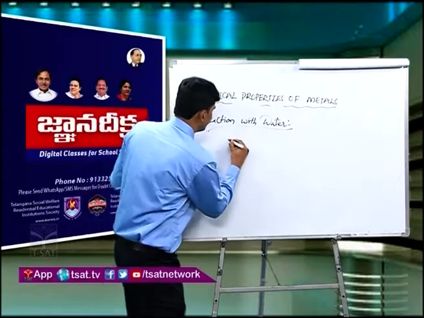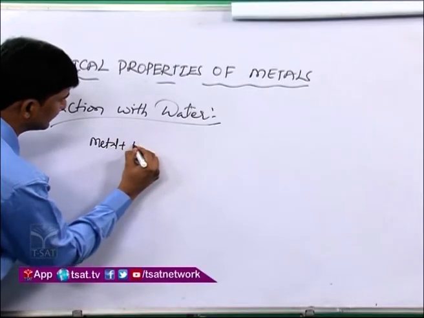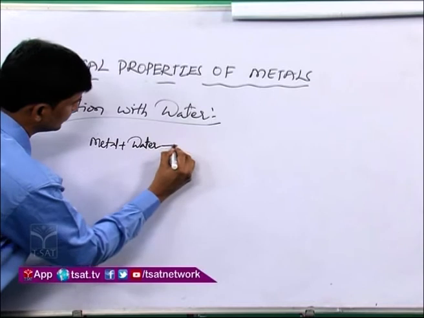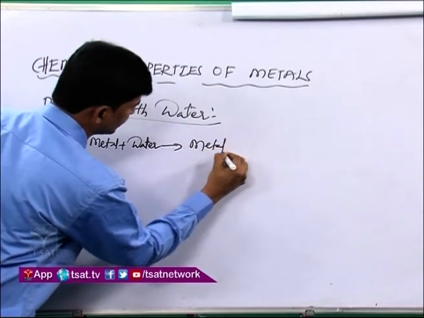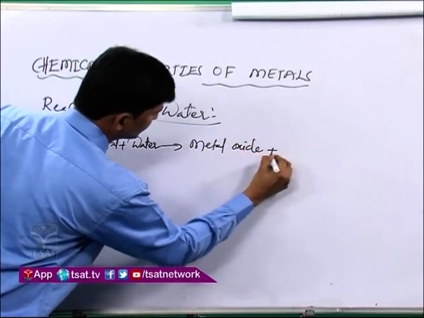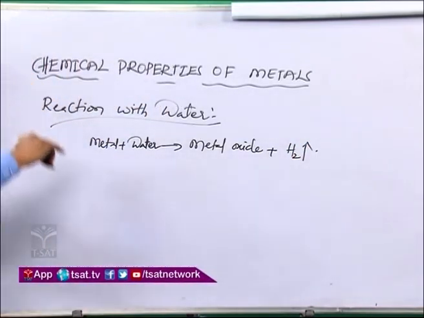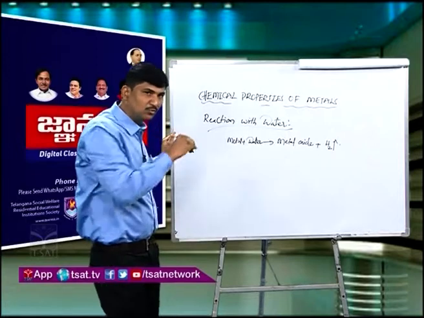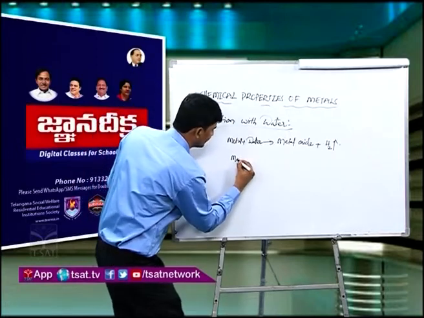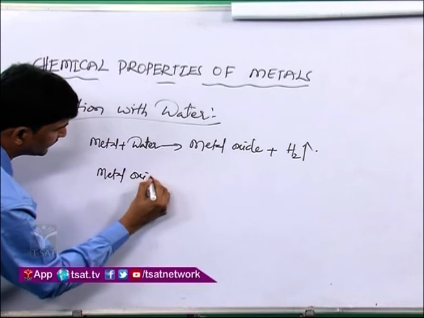Generally, whenever a metal reacts with water, it forms metal oxide and hydrogen gas is released. Metal oxides which are soluble in water, in turn form metal hydroxide.